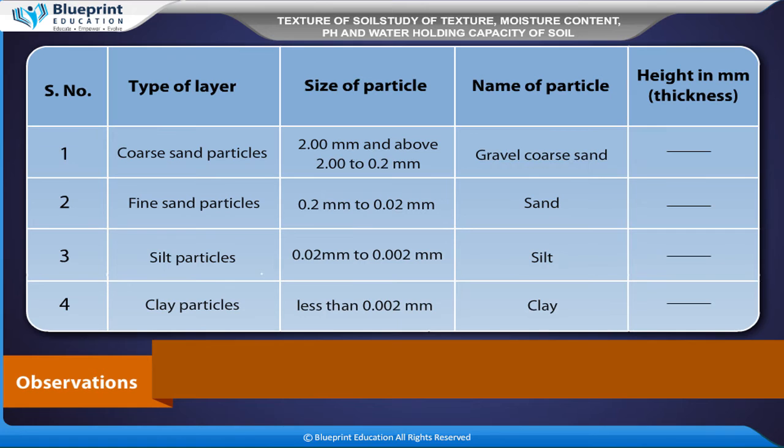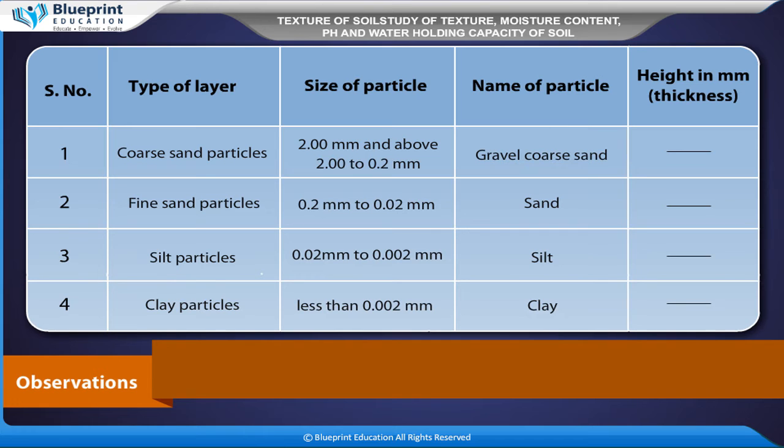Observations: type of layer, size of particle, name of particle, height in millimeter, thickness. Coarse sand particles 2.00 mm and above, 2.00 to 0.2 mm, gravel. Coarse sand, fine sand particles 0.2 mm to 0.02 mm.